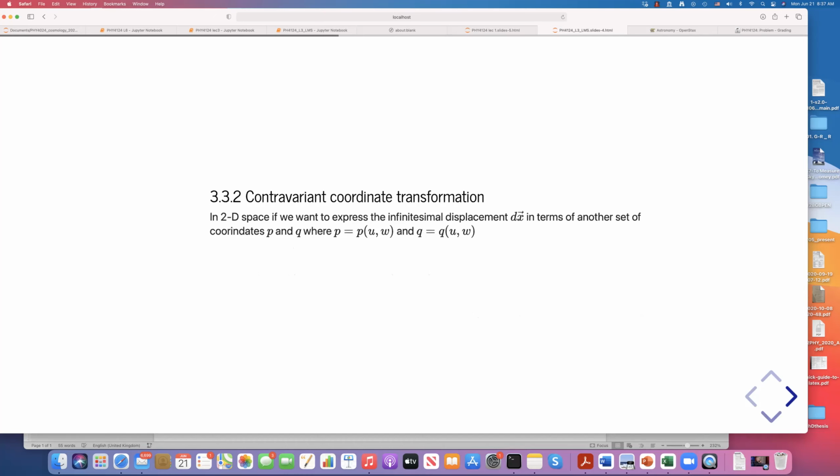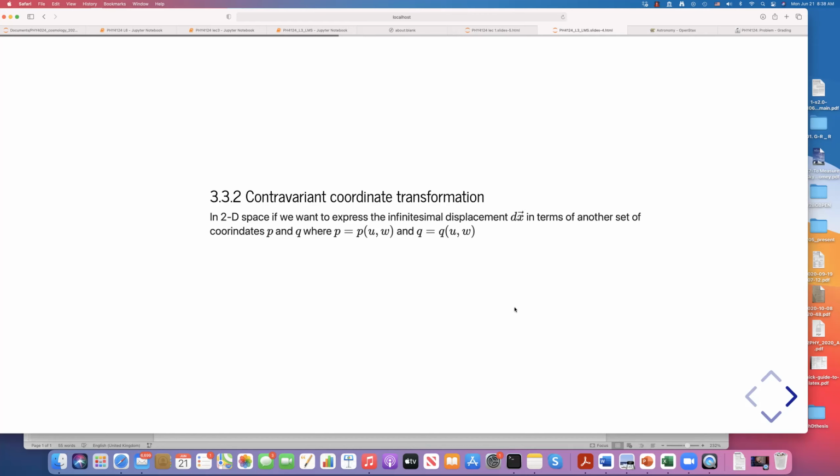Now, based on what you have there, what I want to introduce here is how you do this contravariant coordinate transformation, right? Let's assume that in a 2D space, you want to express an infinitesimal displacement dx in terms of another set of coordinates, p and q. So you have this infinitesimal displacement dx that we introduced in the previous slide, and you need to express it in terms of another set of coordinates.